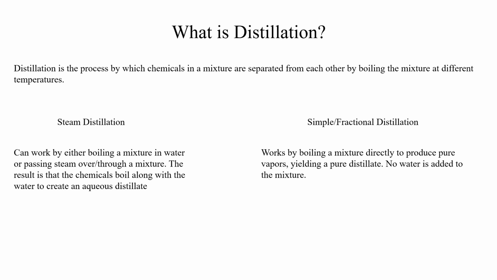And this is the sort of distillation where you're boiling at different temperatures to yield those pure distillates. Steam distillation, on the other hand, works by boiling a mixture in water, or you can pass steam through a mixture. That works too. But the end result is that the chemicals that you boil out of your mixture will also have water in them, and so you'll be obtaining an aqueous distillate.